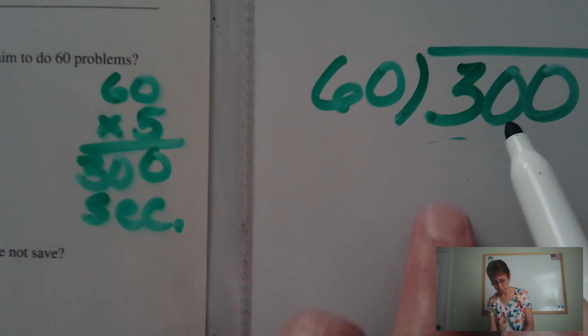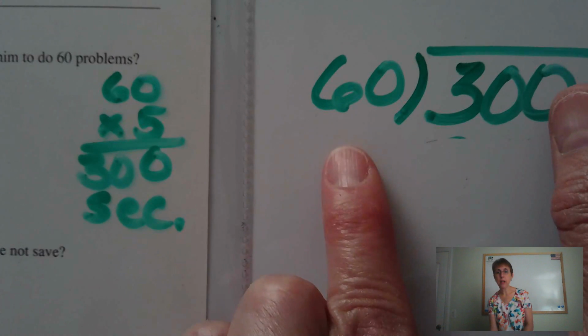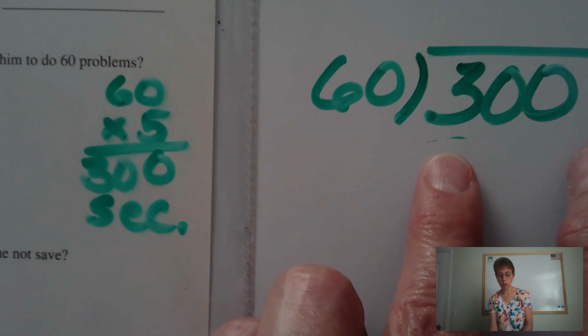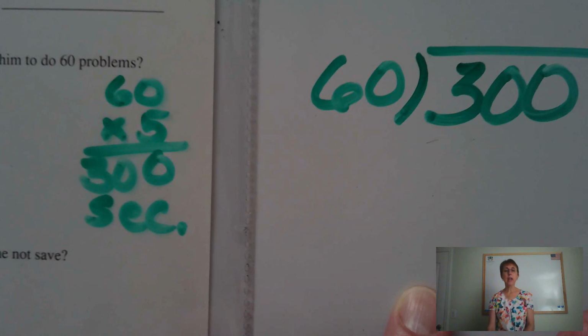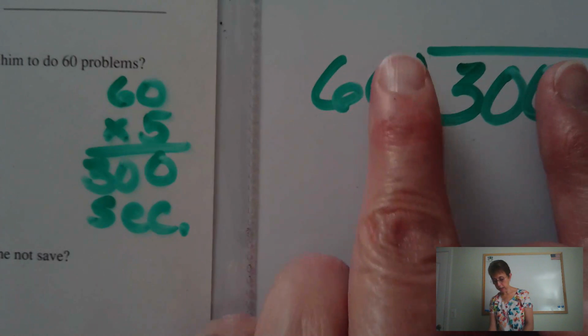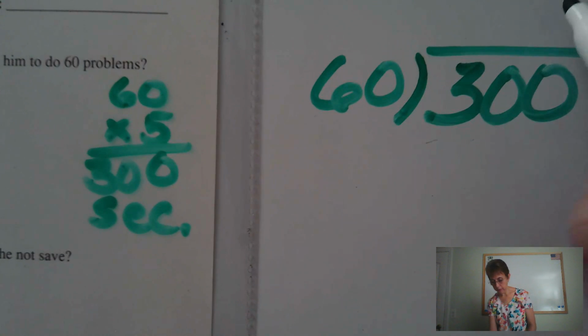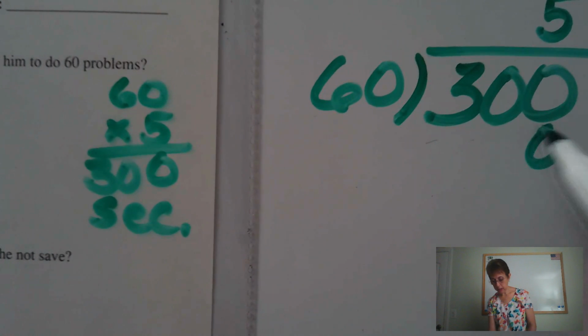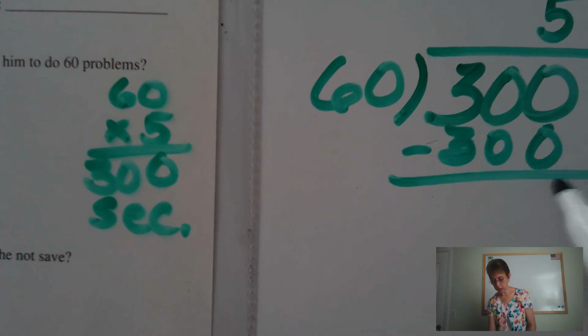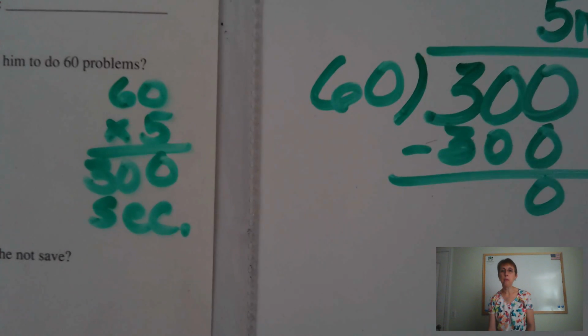We can't say 30 divided by 60, so we have to say 300 divided by 60. Again, you need to think back to your basic facts, and if you recognize here that 30 divided by 6 is 5, so 5 times 60 is 300. And this is your number of minutes.